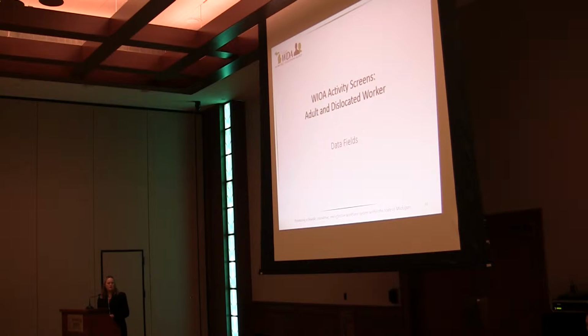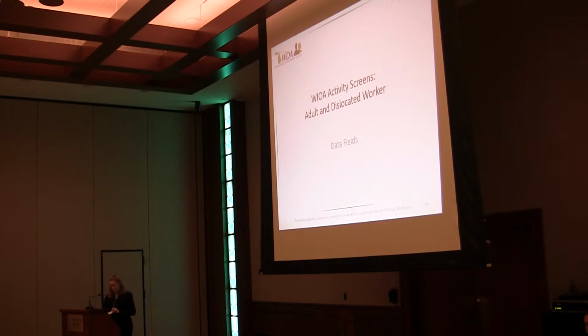So you're talking about for a youth, will you only see the youth funding sources? Right, because right now in OSMIS, if you have someone who's an adult and you go to the funding source page and try to select a youth funding source, you'll get an error. It won't let you select a youth funding source. So our thought was, why even show those if you're not allowed to select them?